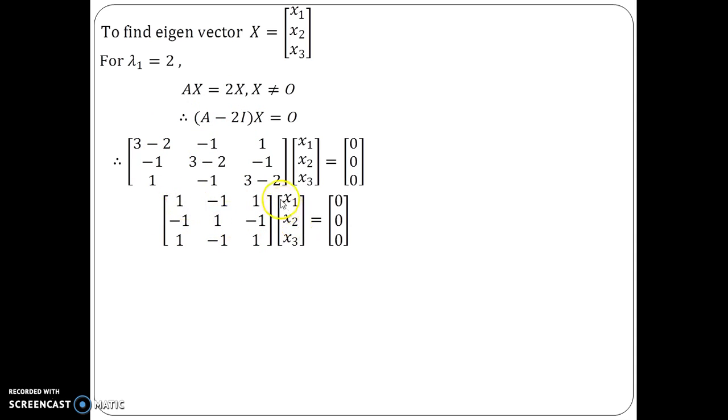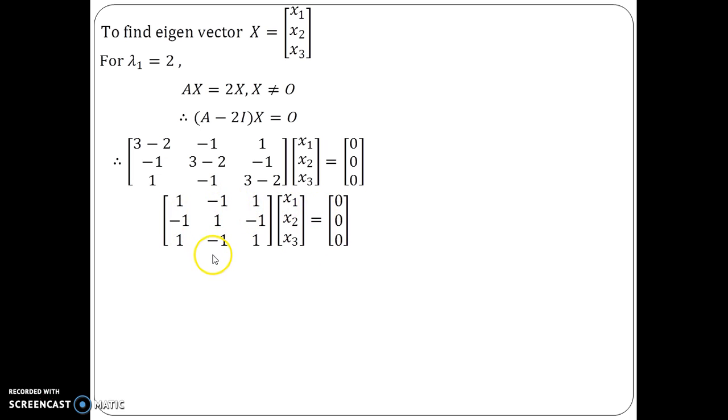This is the coefficient matrix, this is the matrix of unknowns that we are interested in finding, and this is the right hand side 0, 0 matrix. Now we have to solve this system of linear equations.